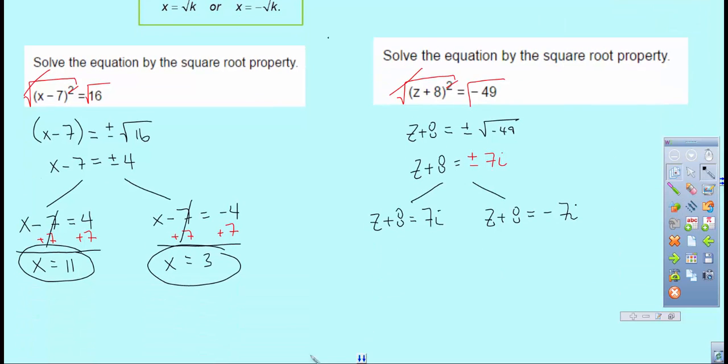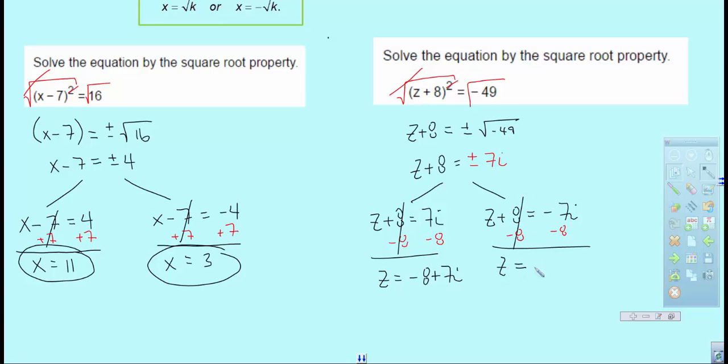We solve it just like we normally do, but the difference is that we can't combine the like terms. So we subtract 8 from everybody because there are no like terms. We get z, the 8's cancel, equals negative 8 plus 7i, and z equals negative 8 minus 7i.